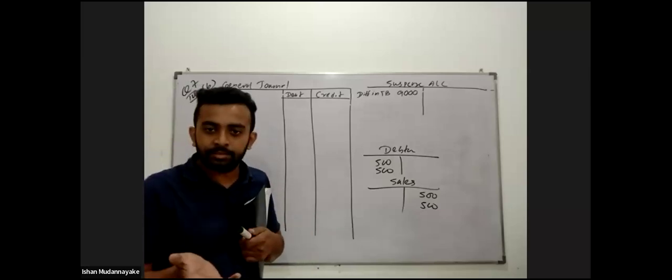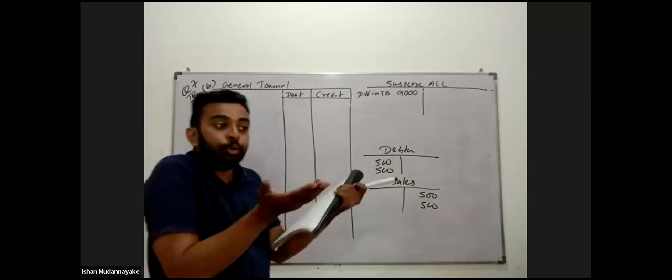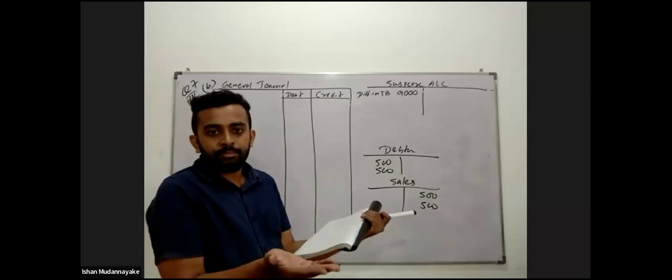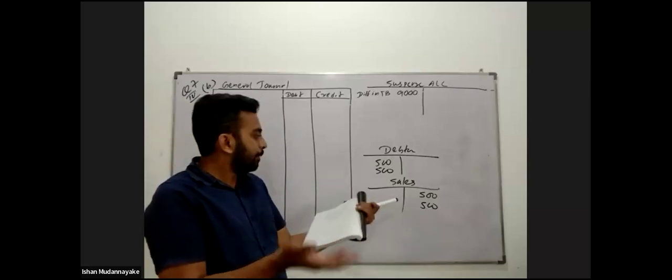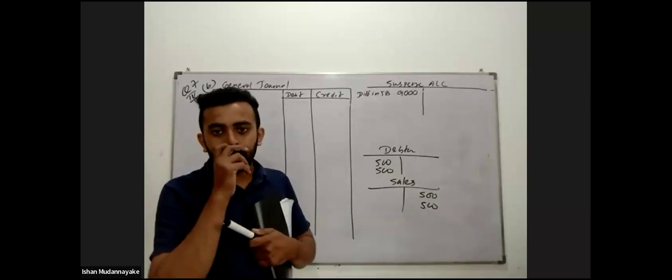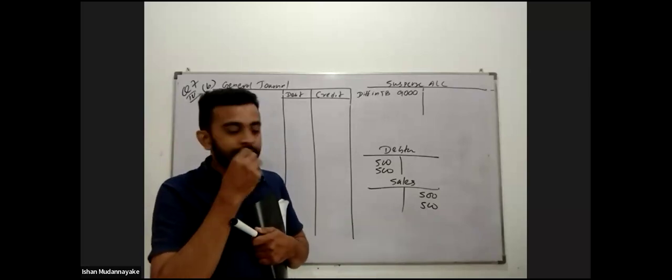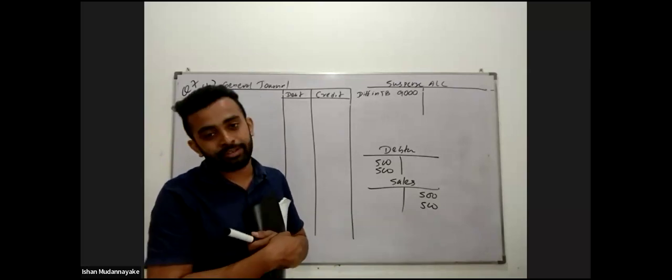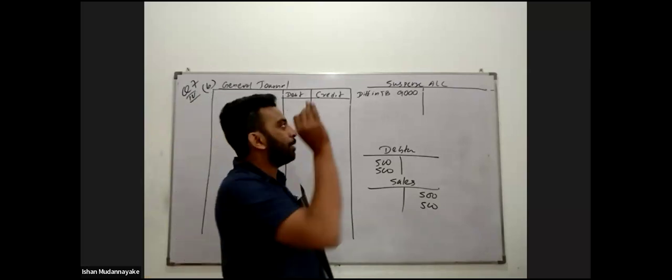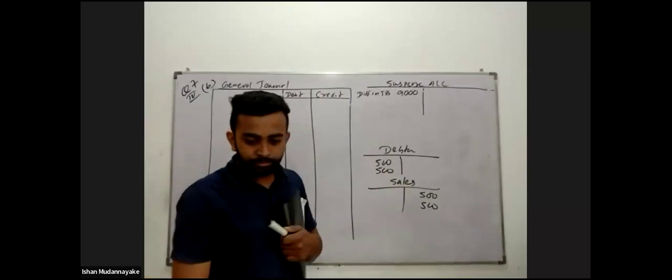There is an error, but both sides are equal, so the balance is also equal. Then there is no impact on the suspense account.